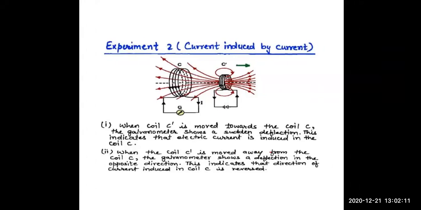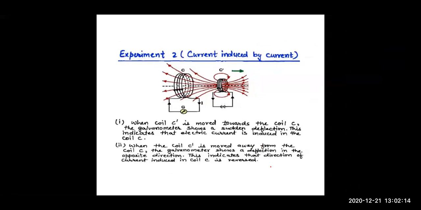But as C dash stopped moving, when we made C dash at rest, there was no deflection in the coil. Now, when we move the coil C dash away, again there was deflection in the galvanometer, but this time the deflection was in the opposite direction.